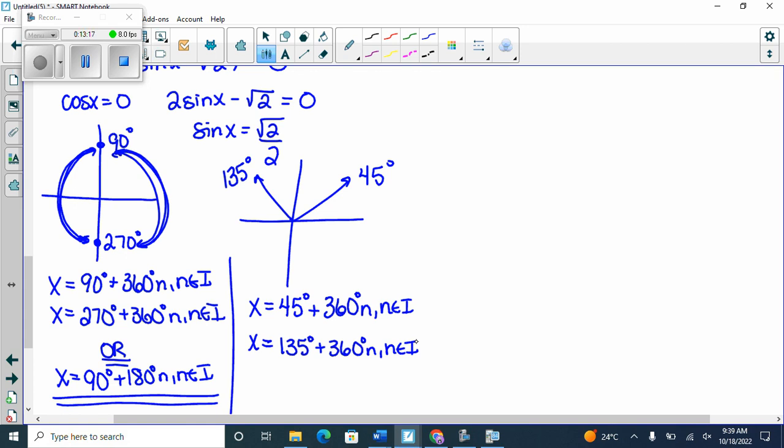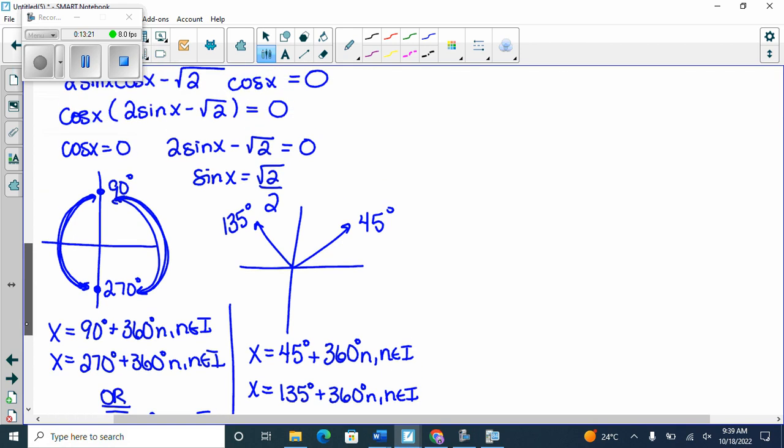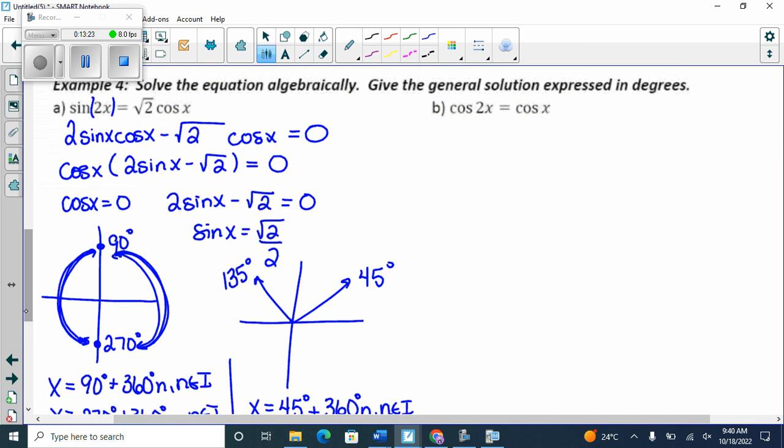Now, I want you to go to your calculator. Now, we could move this all over to the side, set it equal to 0. Y1 would be 1 and 0 would be another, correct? And you'll get the same amount of solutions. Or we can just go like this. This is Y1. This is Y2. So try it out from 0 to 360 again.